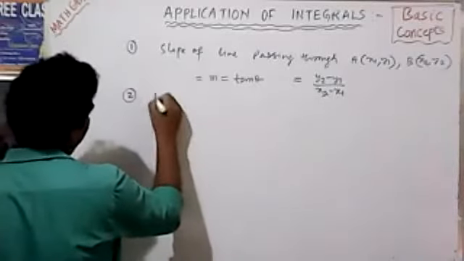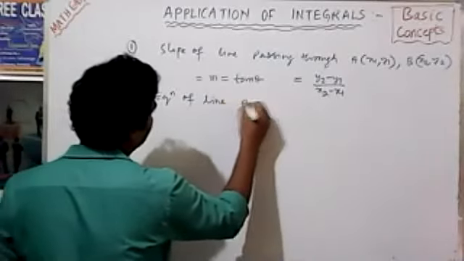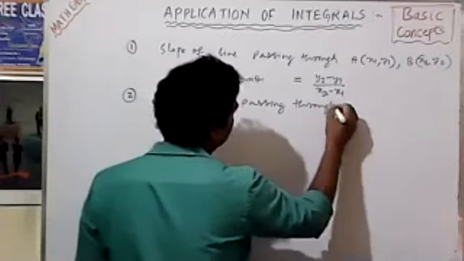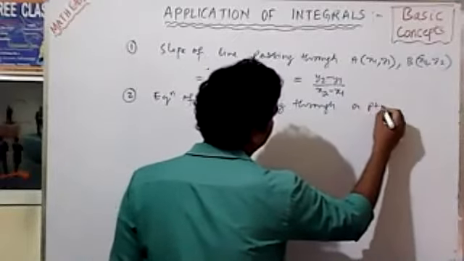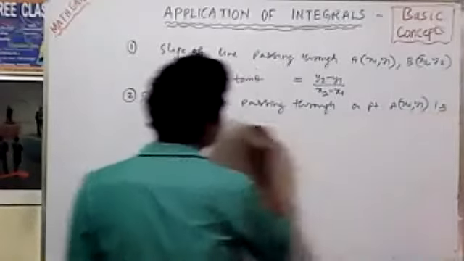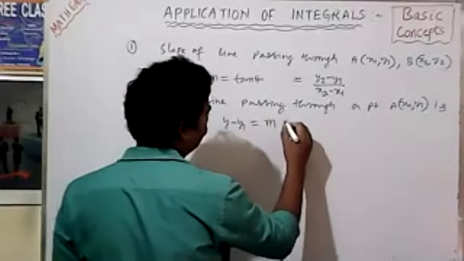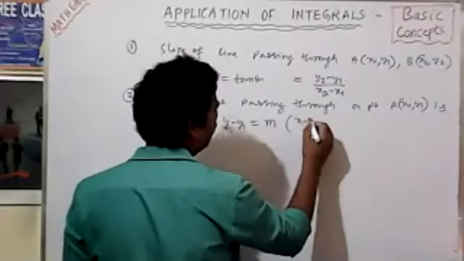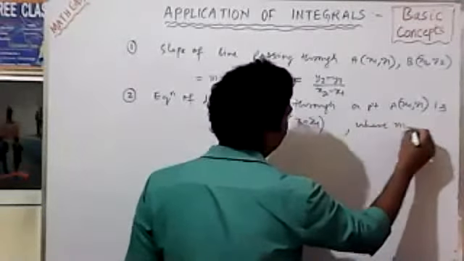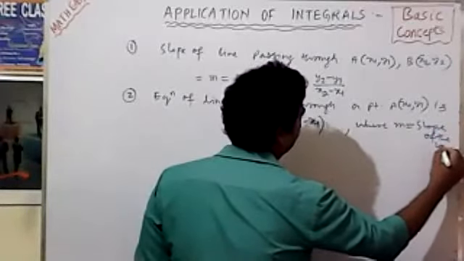Similarly, the second concept: the equation of a line passing through a point A, that is (x1, y1), is y minus y1 is equal to slope into (x minus x1), where m is the slope of the line.